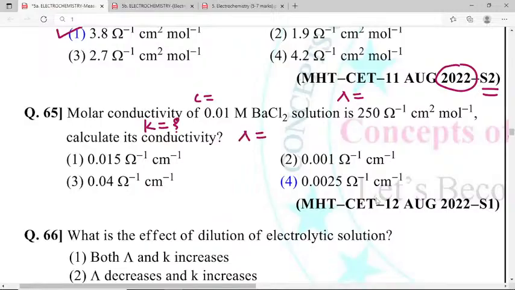Lambda is equal to 1000 K by C. So K is equal to lambda into C divided by 1000. Substitute the value, we will get the answer 0.025.